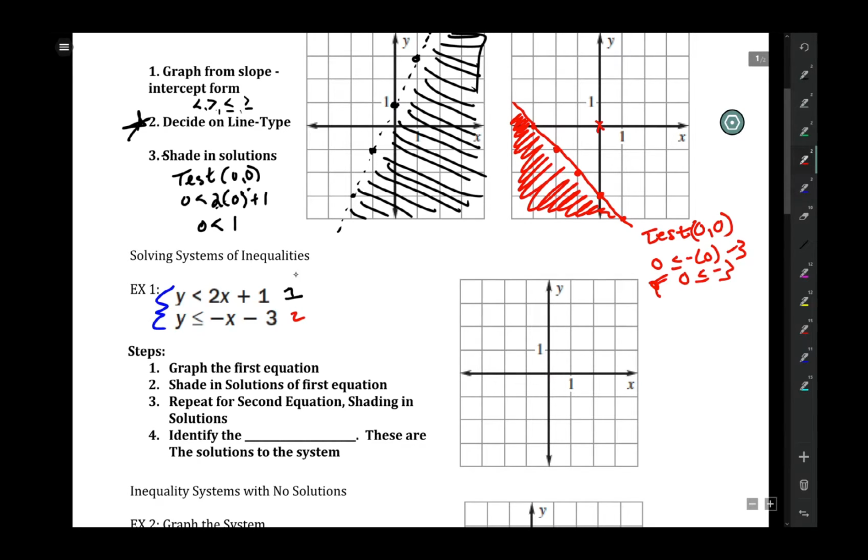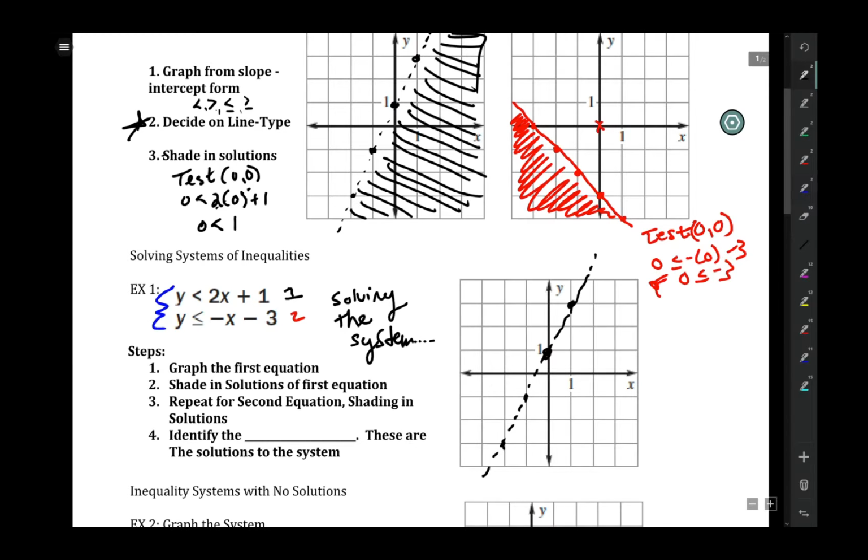The only difference is with solving the system, you're still going to do the first 2, so graph 1 at a time. I'll just do it very quickly here since technically we already did it. Again, they're just the same exact equations from above.